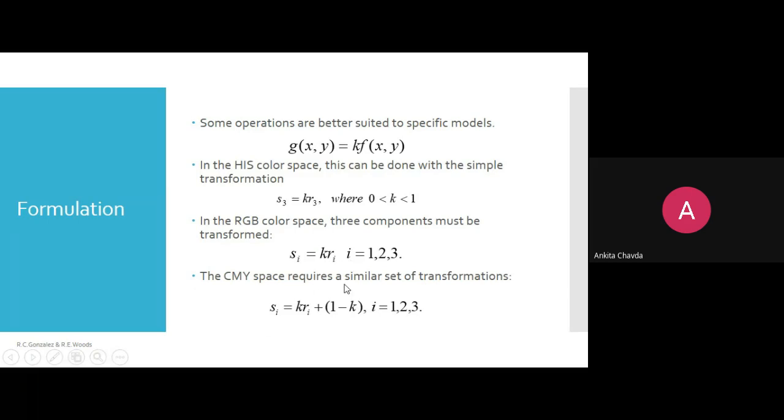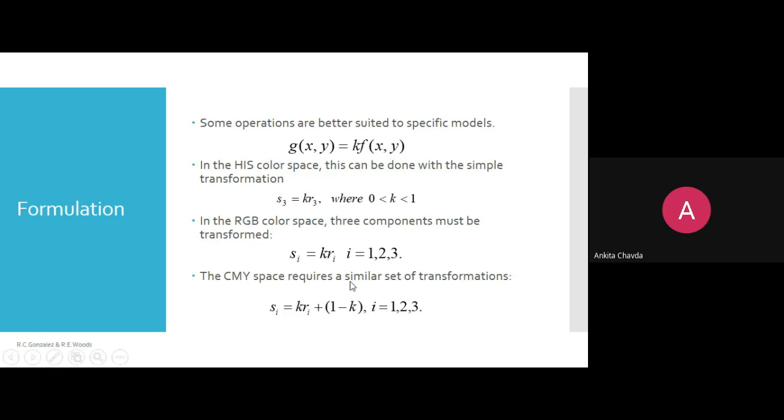In CMY space, a similar set of transformations is required, right? But here you are using 1 minus K also. That is for CMYK, because you are transforming from 1 minus something, right? That is from the white color. So that also you can include. So this is what is particularly for the HSI model, RGB model, for CMY and for CMYK.